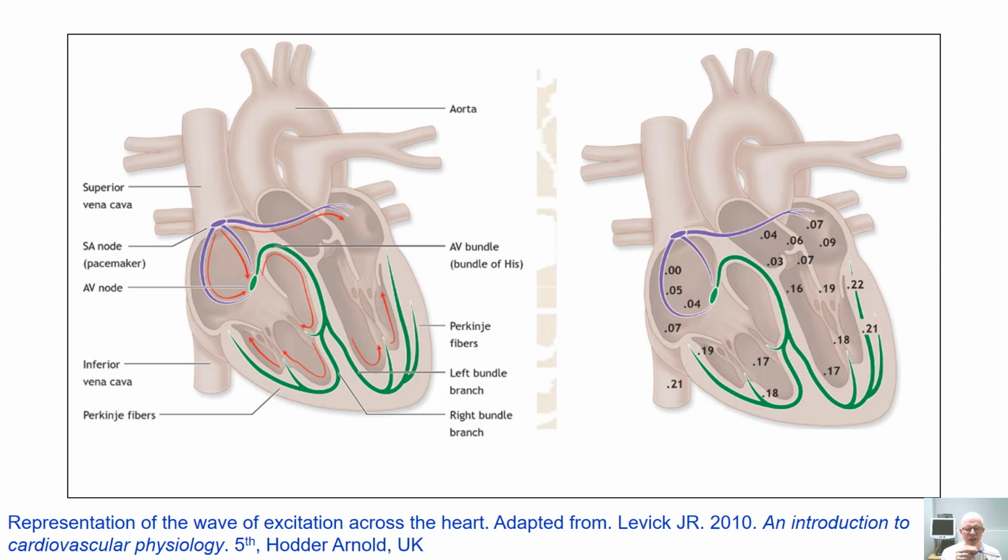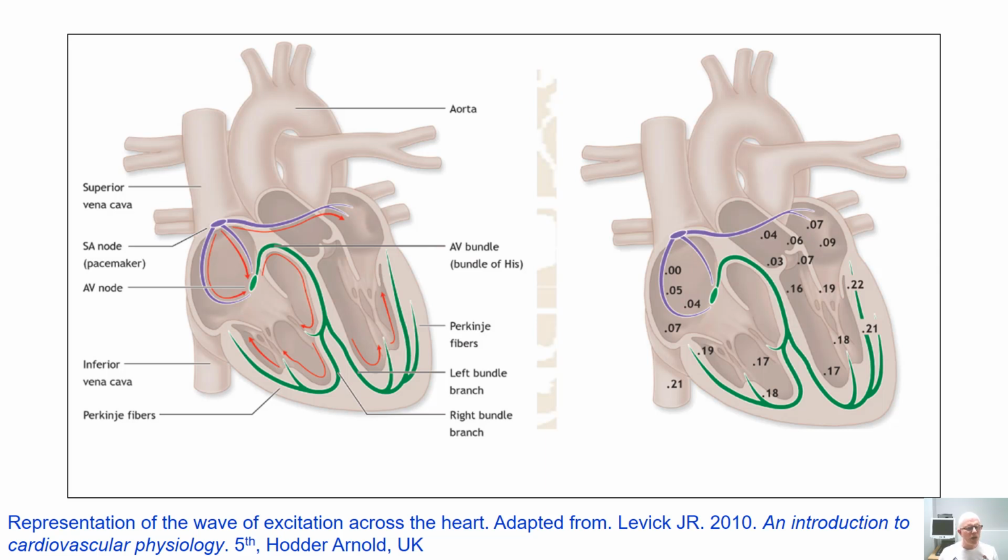So we can start to now build up, because we're monitoring the electrical activity across the heart, which is where the ECG comes in, because we're monitoring that changing electrical activity, which is indicated by those time frames on the right-hand panel, and the positive and the negative. Positive being the blue and green, and the negative being the red trace.